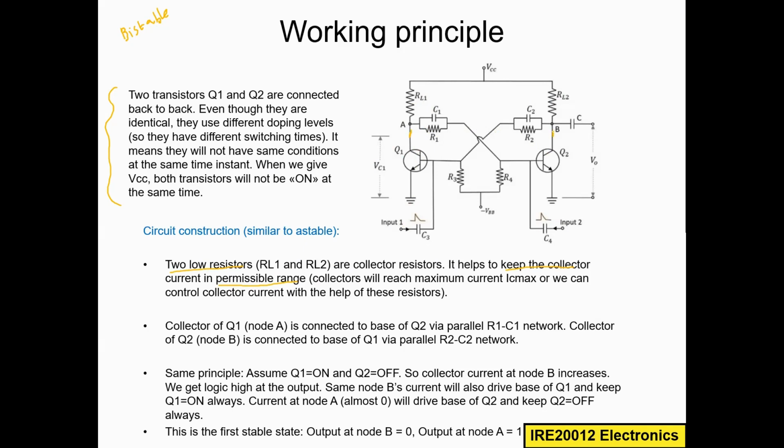We can control the current flow in the collectors by using RL1 and RL2, and maintain the permissible range of current flow. This also helps us with biasing stability.